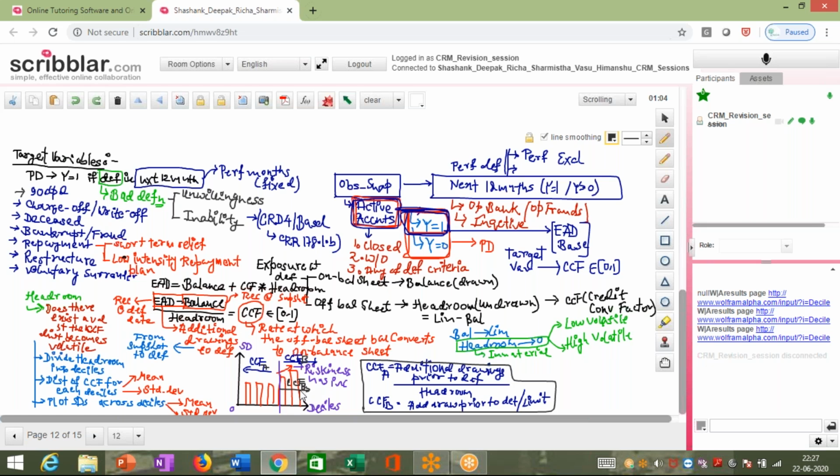Fine. So now, after we have created the target definition, there is another important thing that we need to think about, that there is always an immateriality issue. So let's say when an account defaults, you see the exposure, let's say an account has closed its card and there is a very small balance which is outstanding.